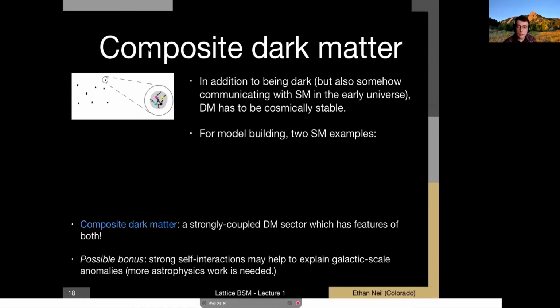And there are 2 instructive examples from the standard model of particles that satisfy some of these properties, but not all of them. The first one is the proton. The proton is cosmically stable. And the reason that it's cosmically stable is essentially due to accidental symmetry.